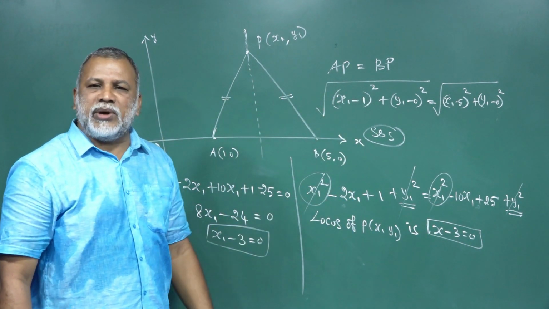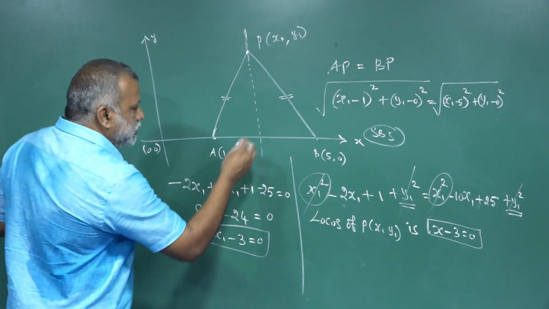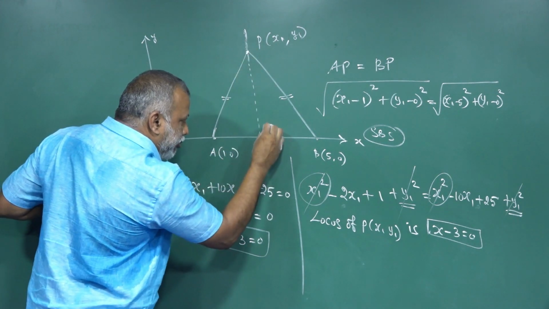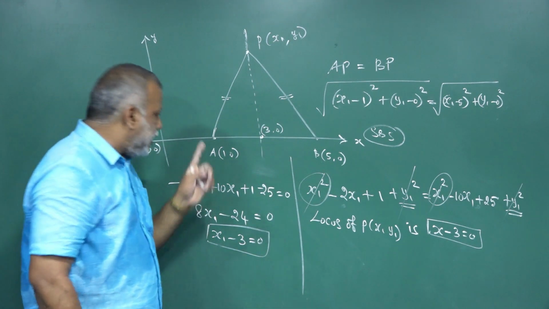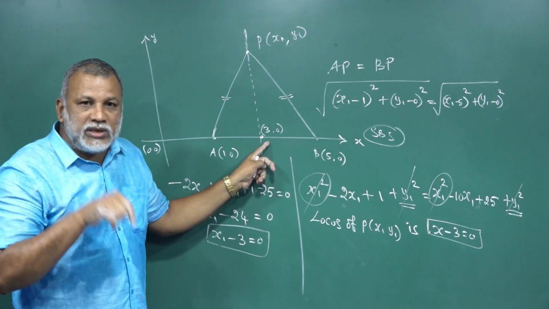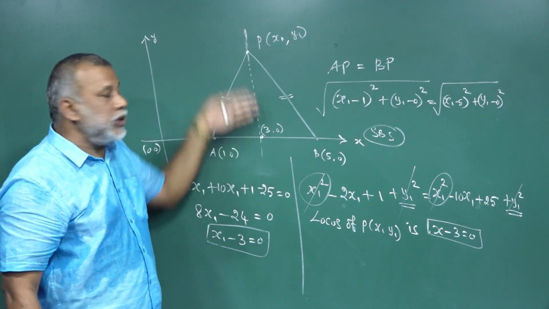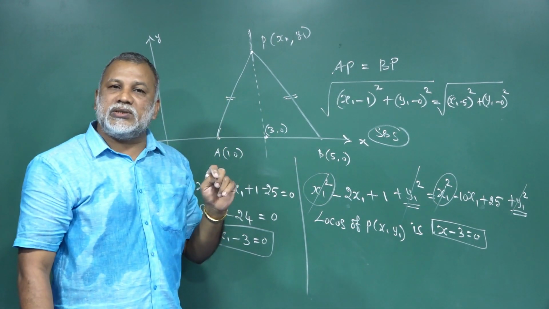Think about x minus 3 equal to 0, meaning x equal to 3. This line passes through the point (3, 0). See 1, 0 and 5, 0, so it must be the midpoint (3, 0). Therefore, the locus of this point passes through (3, 0).